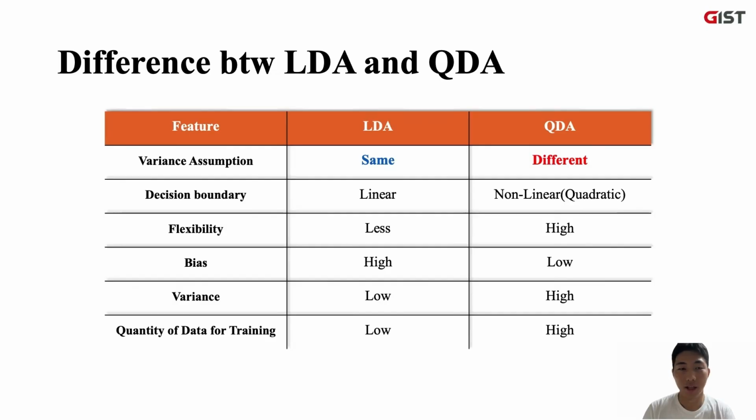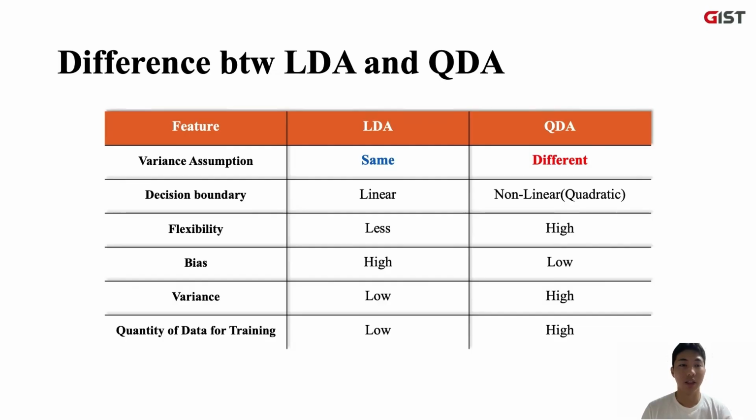It has high bias, meaning it might not capture the true complex pattern of the data. However, it has low variance, meaning the model is stable and won't change drastically with different training data. Conversely, QDA is a more flexible model. This gives it low bias and it can better fit complex patterns, but it comes at the cost of high variance, meaning it's more at risk of overfitting to the training data.